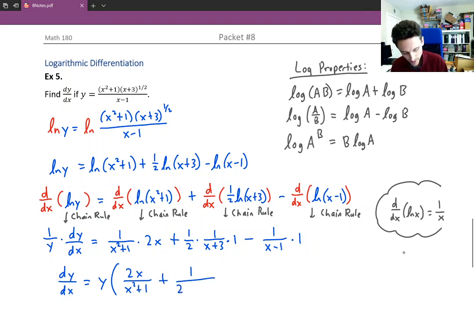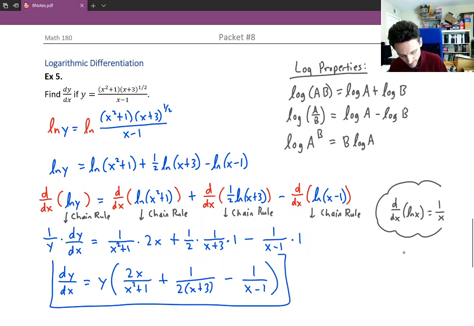The next fraction we can write as 1 over 2 times x plus 3. All the bottom factors multiply together. We don't have to distribute it though. And then the last one is just 1 over x minus 1. And that is how you can write your answer.